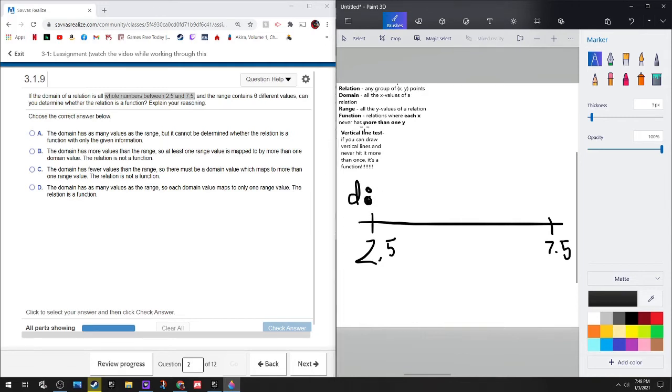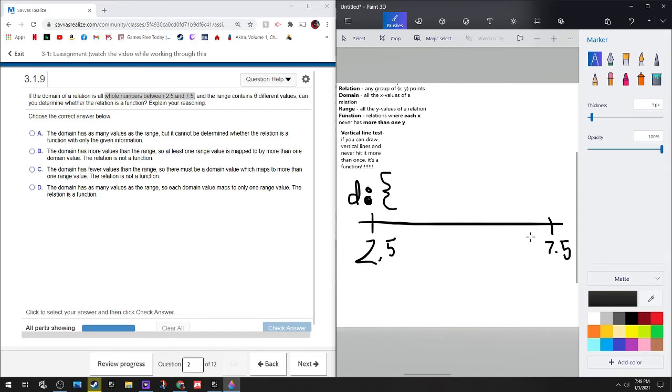So this is going to wind up being a list of numbers, and the way that we list numbers is we use curly braces. That's on the same key as the bracket in our computer. It's the one that kind of looks like a sideways seagull. So it says whole numbers between these two.